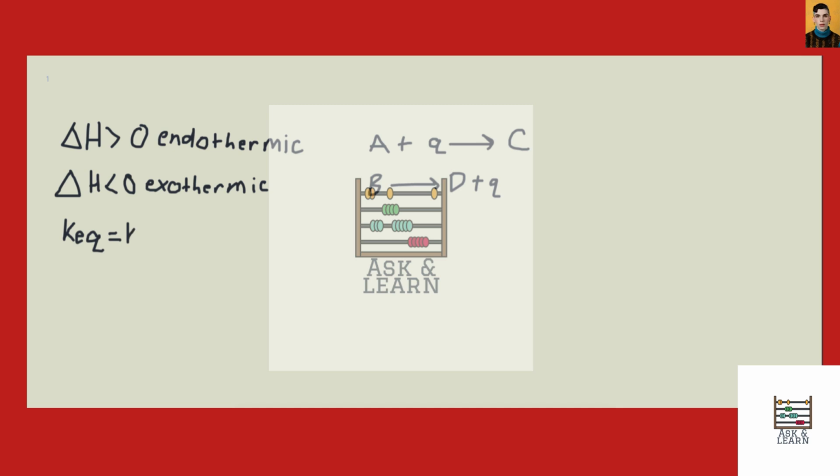It depends on the temperature that you're using, and that's going to affect which way your equilibrium is going to shift, even though the concentration of your reactants and products may be the same in a relative sense.